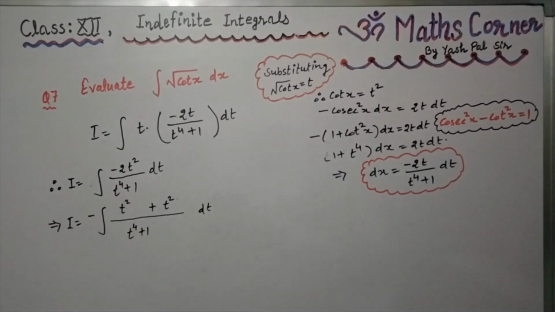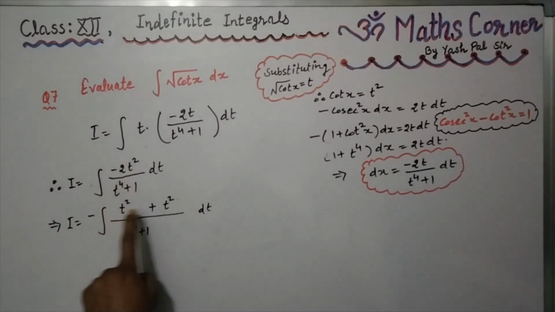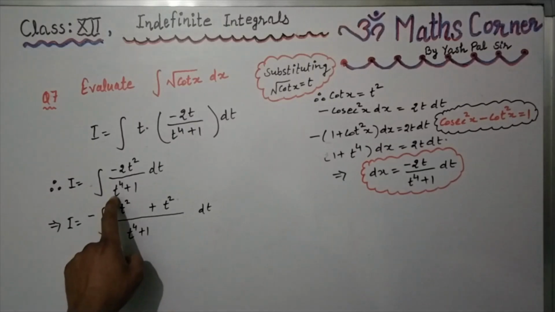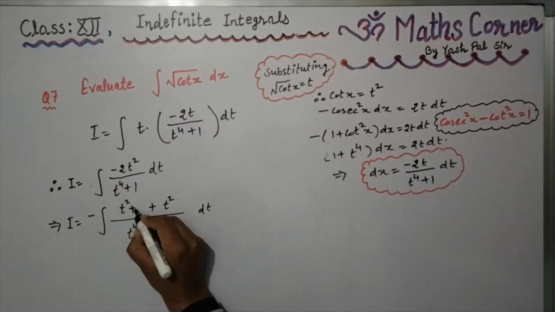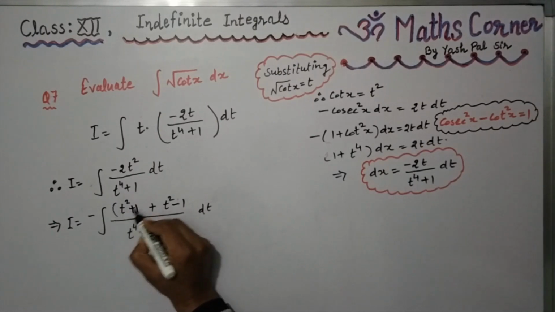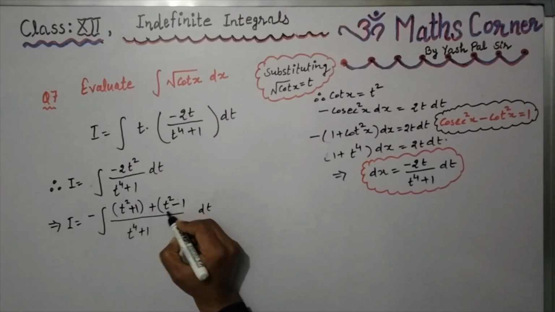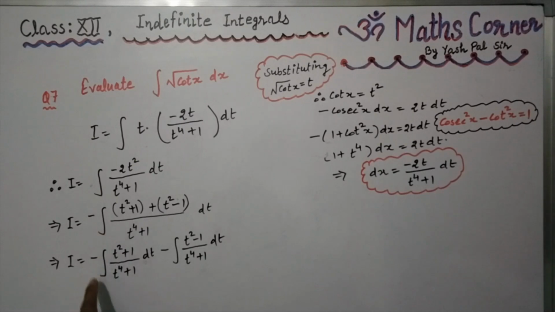So I is equal to minus integration of 2t square upon t power 4 plus 1 into dt. Now what do we do here? Taking minus outside, 2t square means t square plus t square. The denominator is t power 4 plus 1 as it is. One more thing we can do here, plus 1 minus 1. There is no change. So doing this, first bracket, this is second bracket.